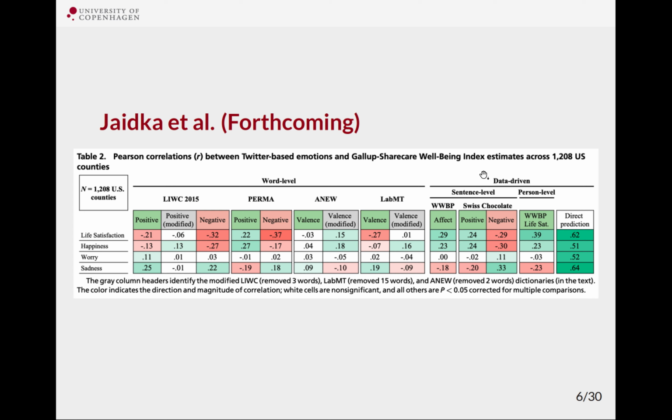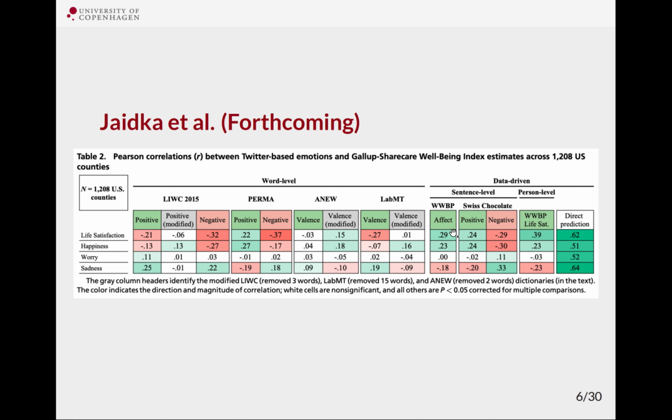But on this side, we have these data-driven approaches. This is essentially a supervised learning approach, learning from the data about whether a given sentence is positive or negative. So learning from the data to develop a classifier to determine whether something has positive or negative affect, and these perform a lot better.